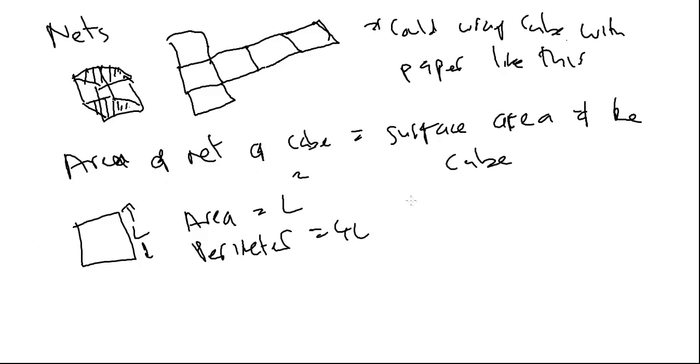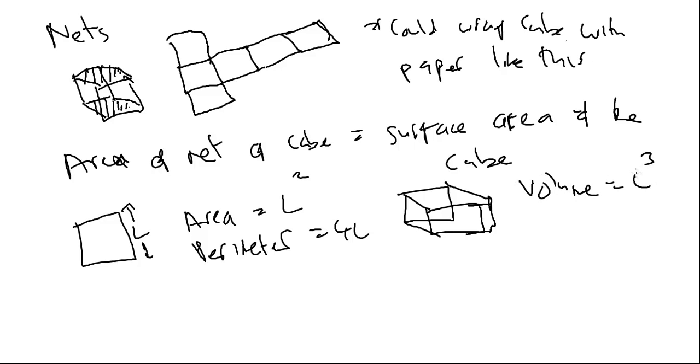In 3D, we have a cube. That's not much of a cube, since that's more of a rectangle there, but the equivalent, the volume is equal to L cubed, and the surface area is equal to the area of the 6 squares, the 6 faces.